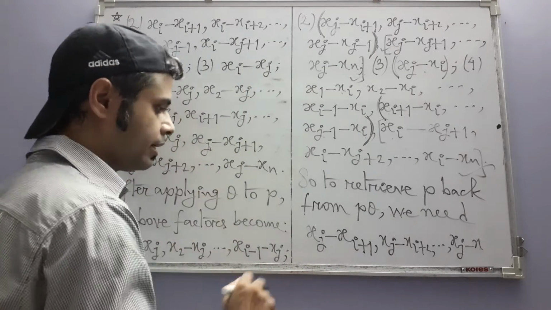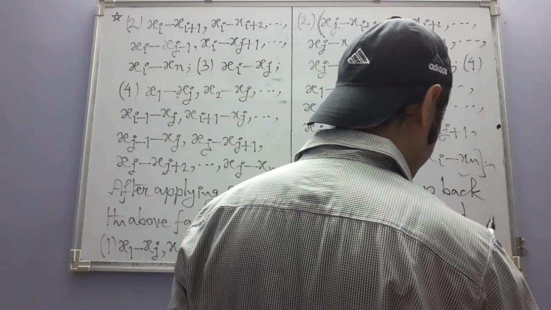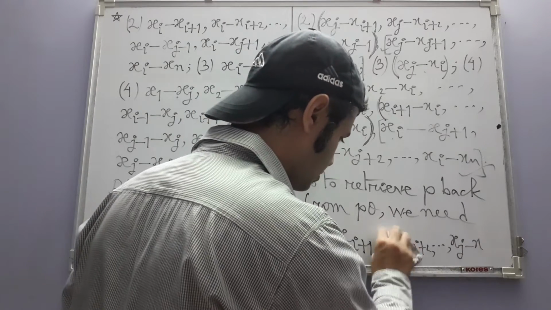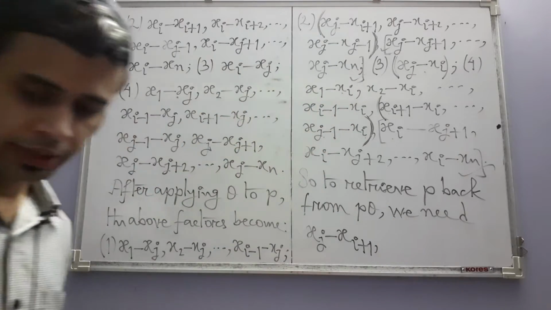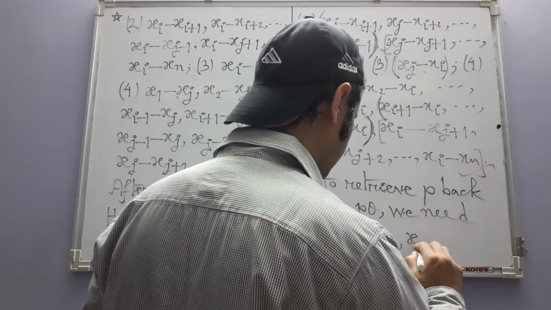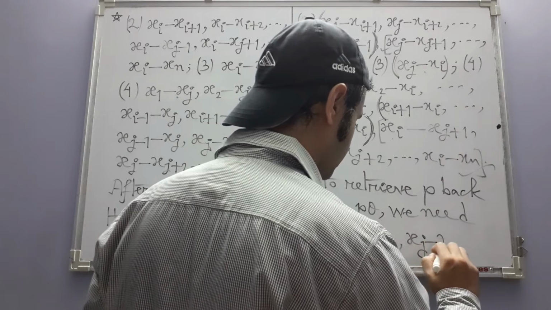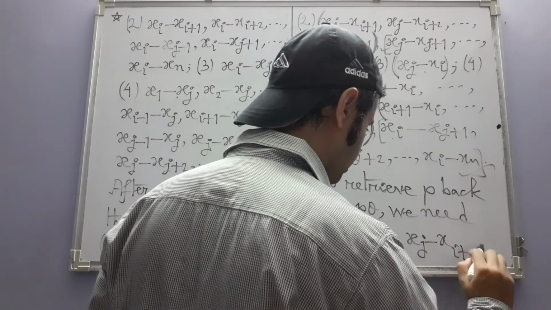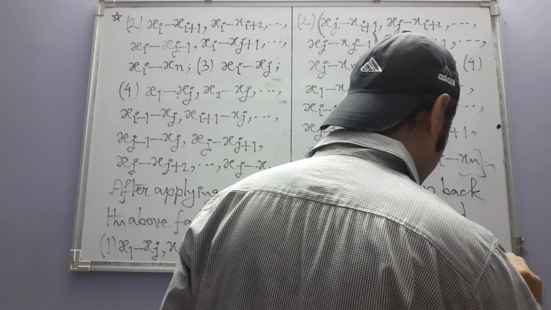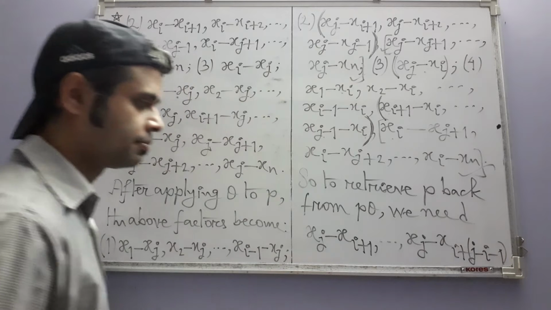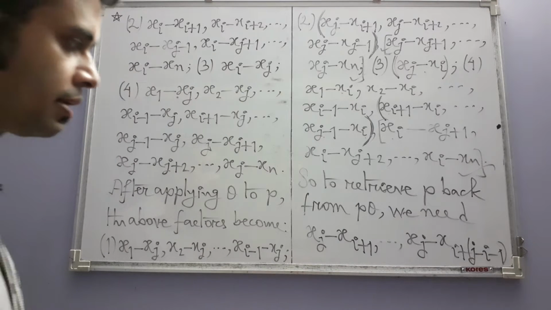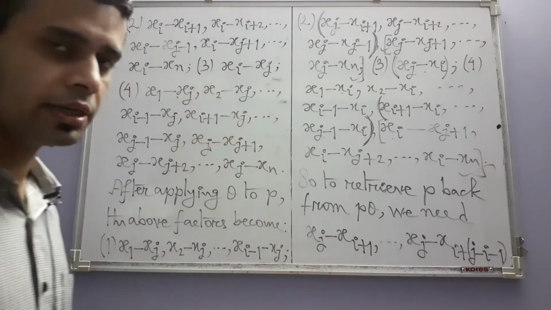I am going to write that in terms of i. Instead of writing the last one as xj minus xj minus 1, I decide to write it as xi plus j minus i minus 1. This will serve a purpose. It will tell me exactly how many elements are there in this list.